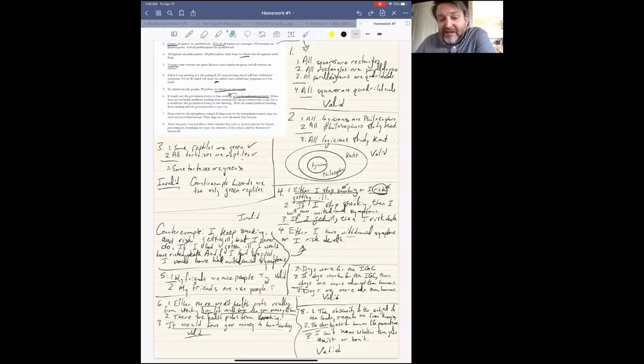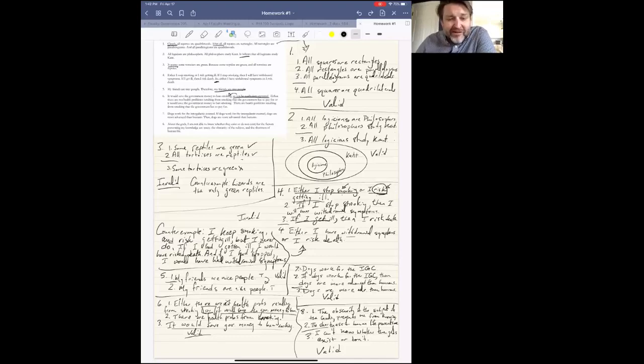But since I can risk getting ill without actually getting ill, it doesn't follow that I will risk death, because I'm merely risking getting ill, and risking death requires that I actually get ill. So this provides a counterexample to the argument. These premises can be true, but the conclusion remains false in this case, it seems. So this, again, is not a valid argument. It's invalid.